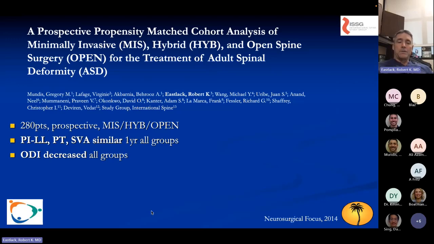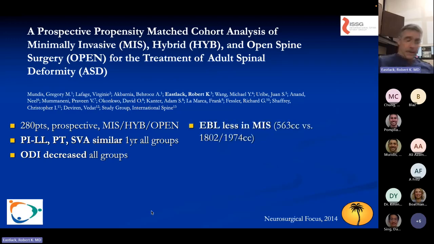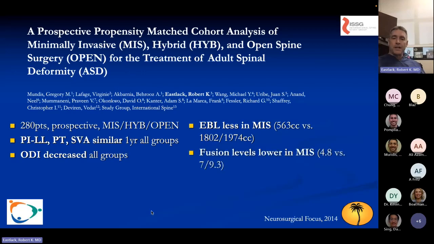And all of the groups were reasonably improved from an outcome perspective, but the patients with MIS surgery had less EBL, as has been shown in other studies. And with the same deformities, very notably, there were fewer fusion levels utilized with MIS surgery.